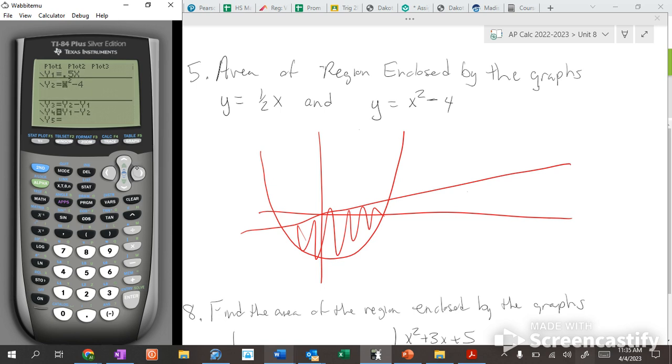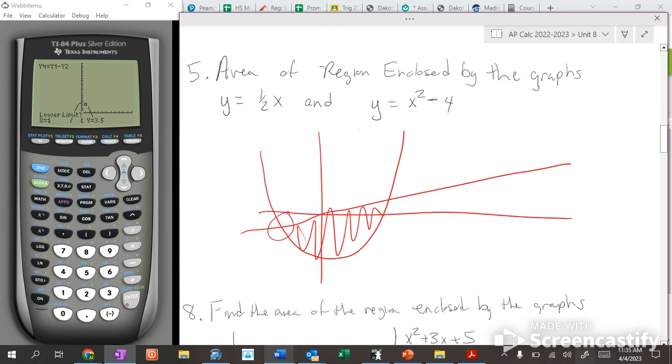So I won't even graph those two. I'll just go straight to y1 minus y2. I'll graph that. It'll make a little parabola. Then I'll go second trace, 7. Second trace, number 7. The lower limit. Ooh, where do these intersect?